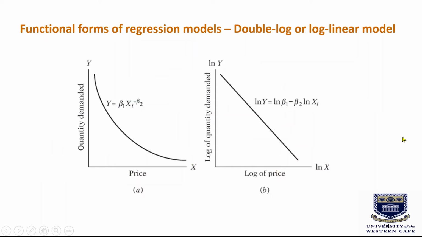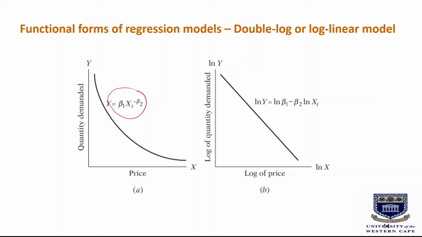So when would you use this type of model? When your data looks like the one on the left, right? This is a graph of the function given over here. Like I said, a Cobb-Douglas function might look like this, although the beta 2 coefficient will be positive rather than negative in the case of the Cobb-Douglas.